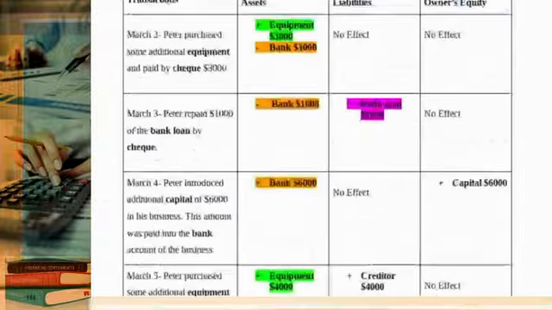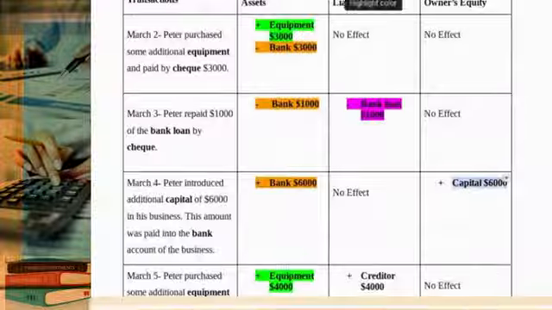So capital was being affected in transaction number 3, which would have taken place on March 4. So here capital was increasing by $6,000.